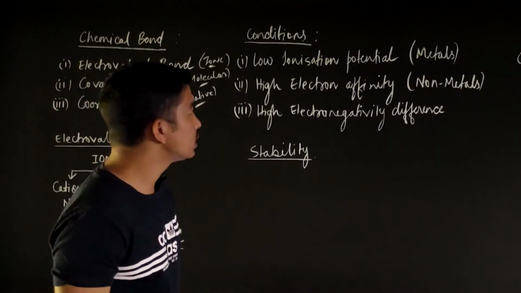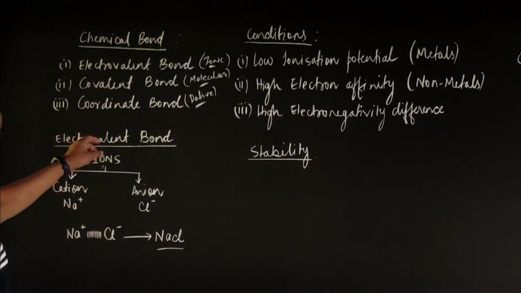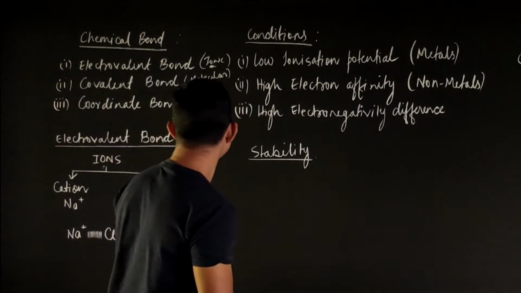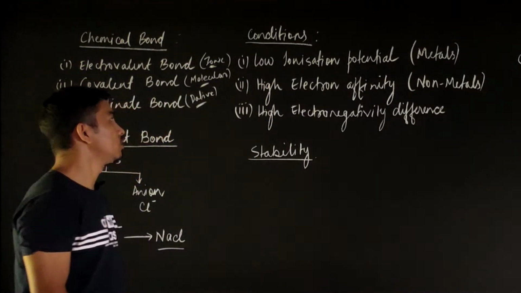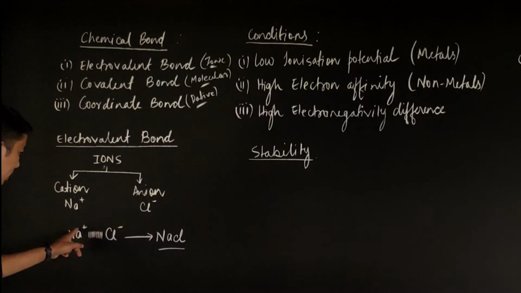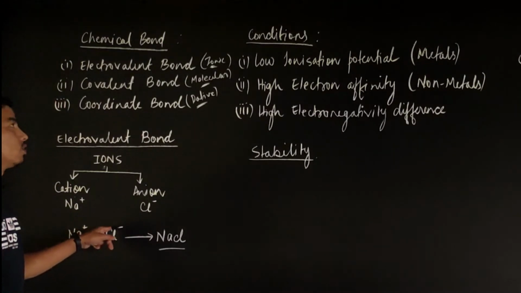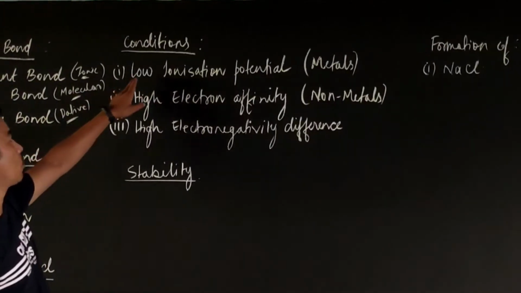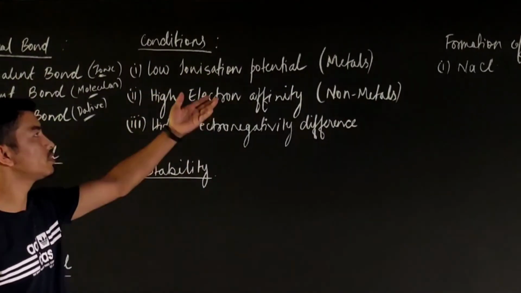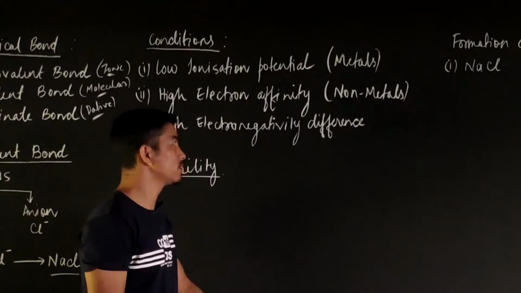So let us learn in detail about this electrovalent bond and the necessary conditions required for its formation. Here we saw that one of the combining atoms should easily give an electron. Thus one of the combining atoms must have a low ionization potential, which the metal usually has.